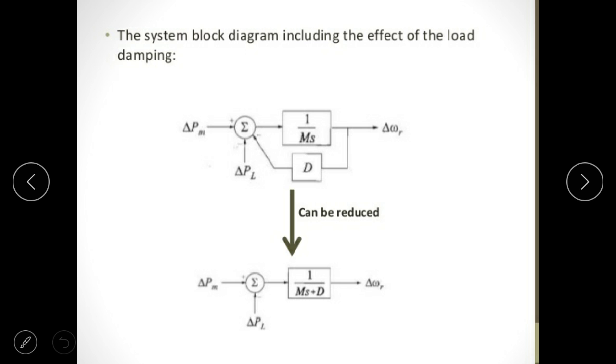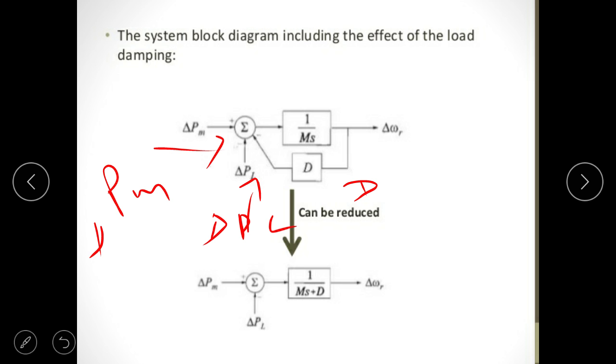The system block diagram including the effect of load damping is shown in this figure. Delta Pm, delta PL is variation in load power, D is damping factor, delta omega is change in rotor speed.